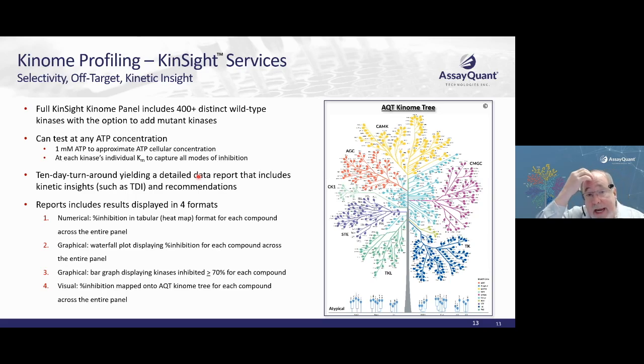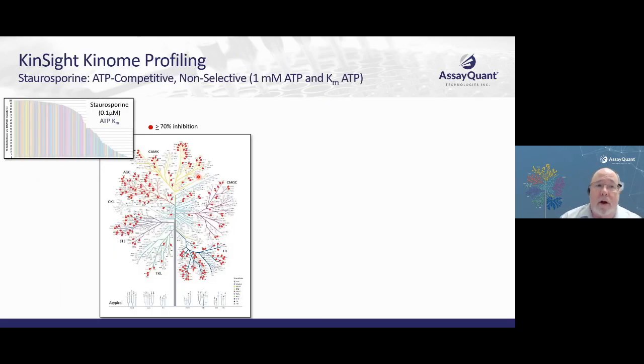So next, I'm going to give you some examples of some profiles using the inhibitors we just talked about. Here's staurosporin, our ATP competitive promiscuous inhibitor. If you do it at a relatively low concentration for staurosporin, 100 nanomolar, you still hit an awful lot of kinases when you do your profiling with the ATP concentration equivalent to the EGFR KM for ATP.